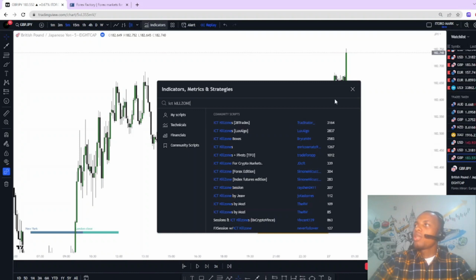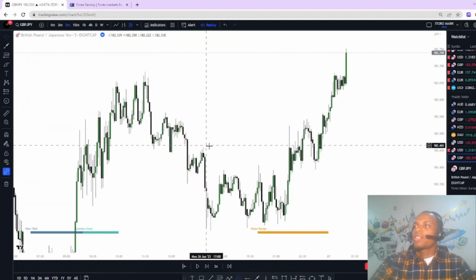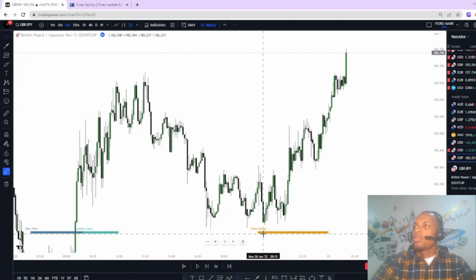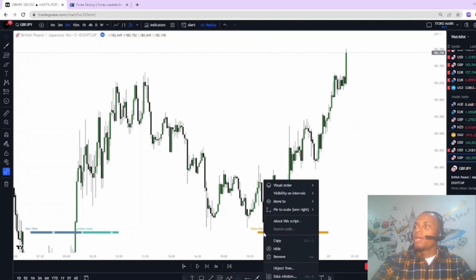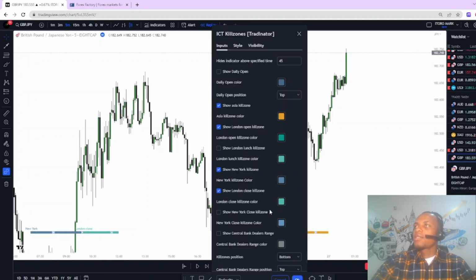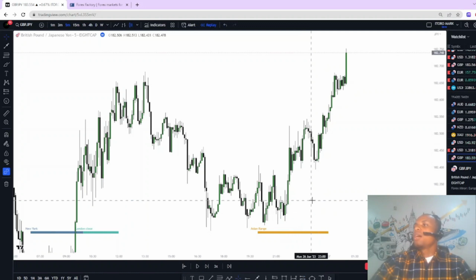So when you click on that, it's going to pop out on your chart, and for you to edit it, you click on the body of the indicator and then you click on settings, and then anything you don't want to be showing on the chart, you can just remove it. As you can see, I had removed show daily open, I had removed central bank dealer range, and then I'm just leaving only the New York Q zone, London Q zone, New York open and Asian Q zone on my chart, right? So now over to the example.